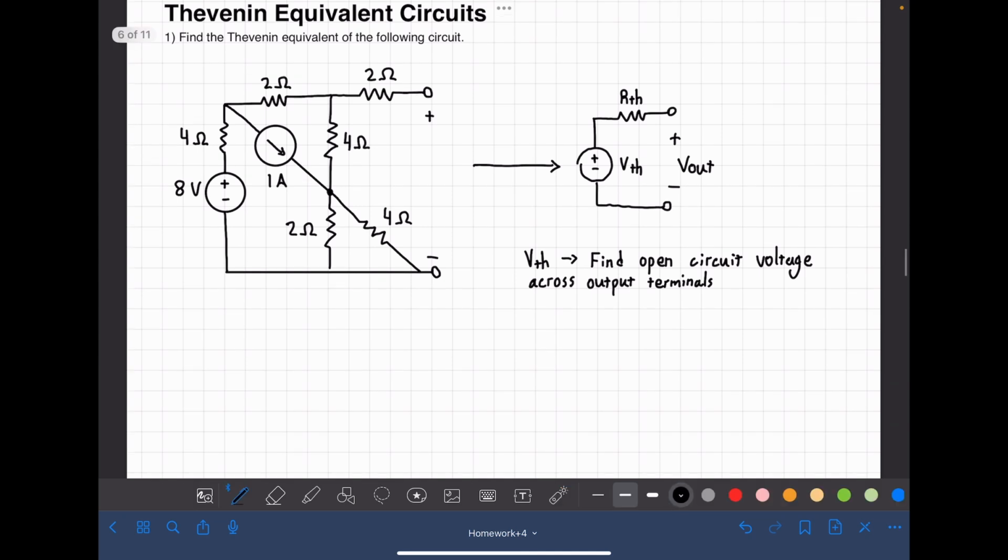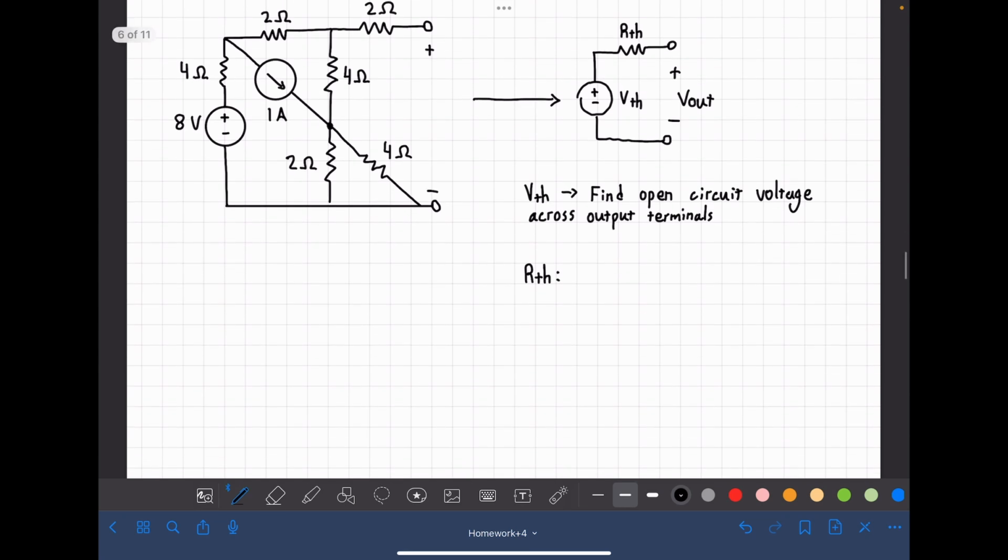And then for R Thevenin, your Thevenin resistance, there are a couple methods that we will cover. The first one that we're going to do here is network simplification. This involves first deactivating your sources.